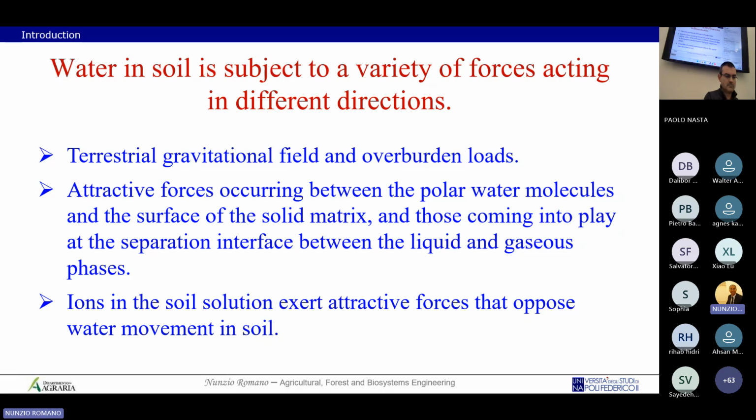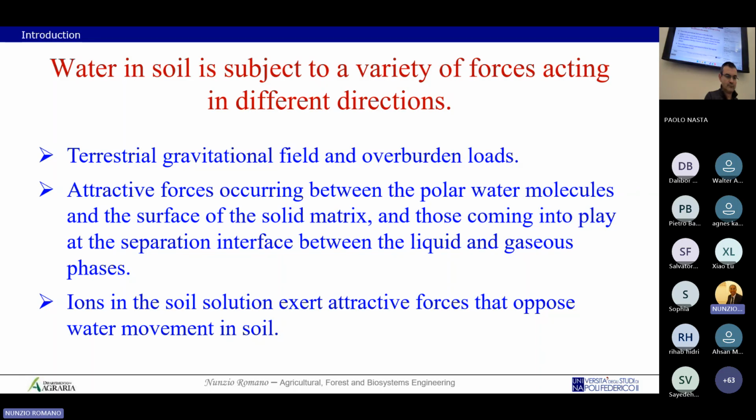But there are other forces, the attractive forces, because mainly the water molecules are polar molecules. And so there is some binding of the water to the solid matrix of soil. And then there is also something that happens at the interface between the liquid water and the gaseous phase, the air. And we will see what happens at the interface.